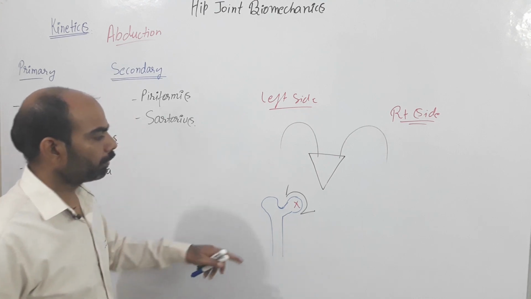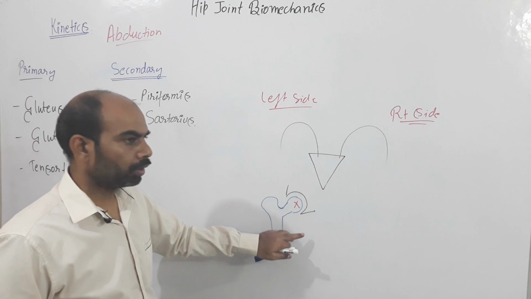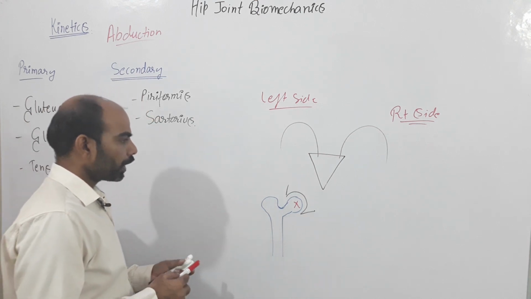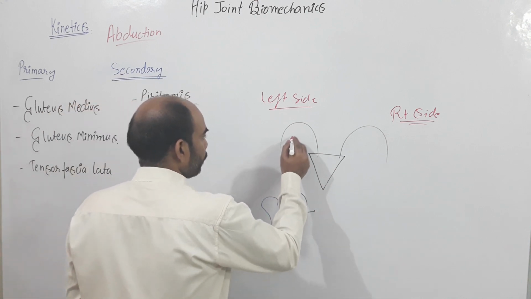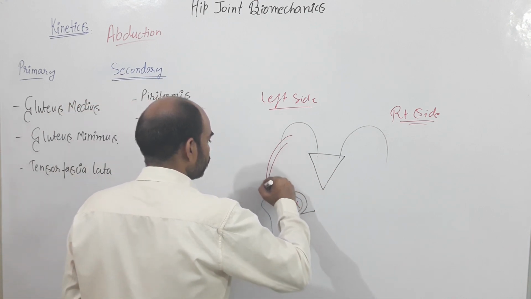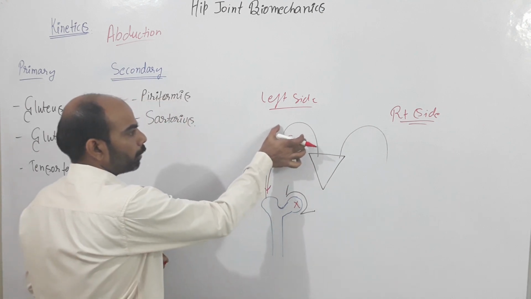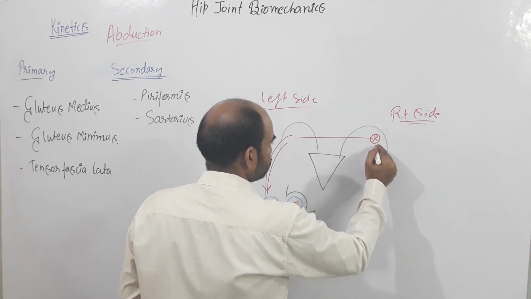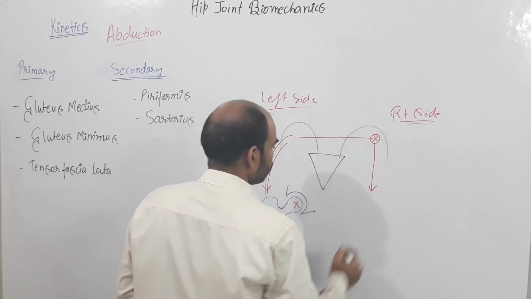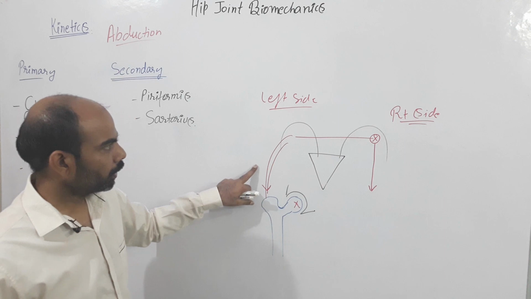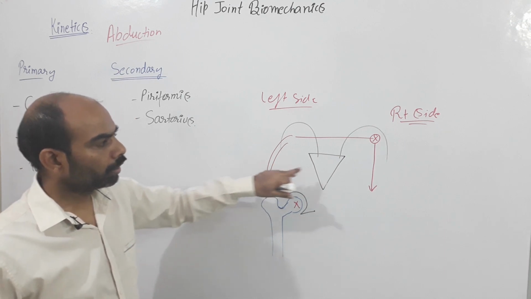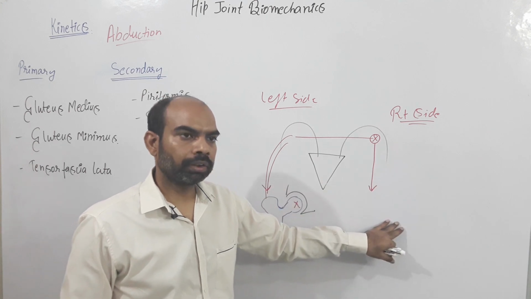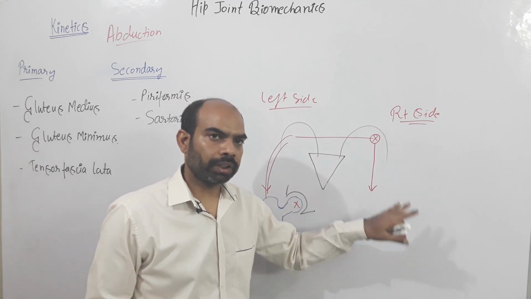During stance on the left limb, the left side hip abductor muscles are working to pull the pelvis downward to prevent the opposite side pelvis from dropping downward. When the abductor muscles of the left side are working, they prevent the right side pelvis from dropping downward in single leg stance.